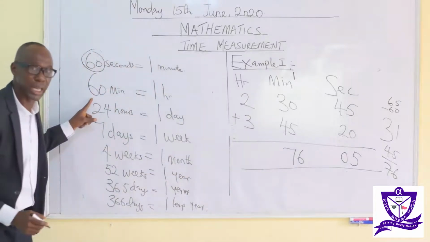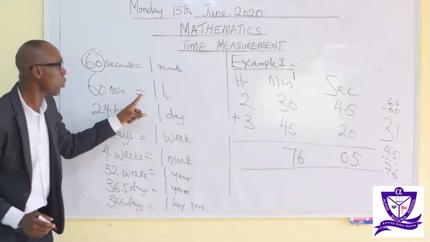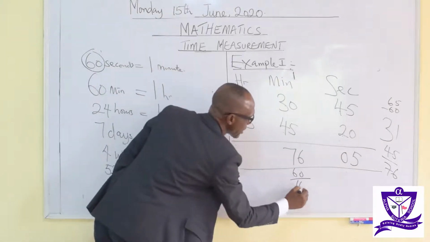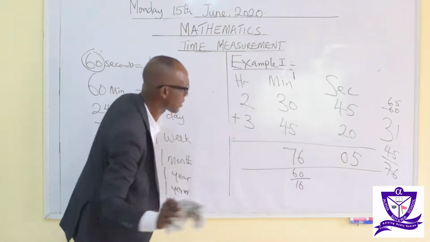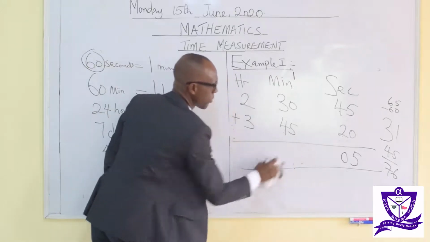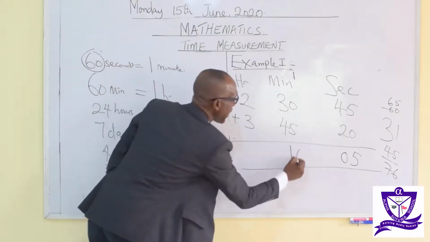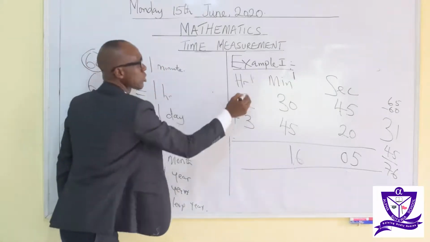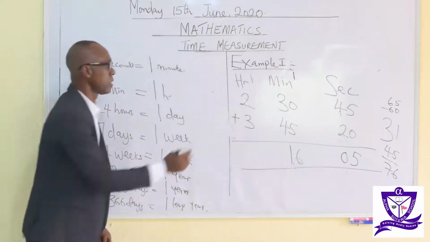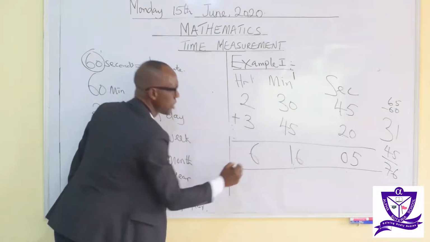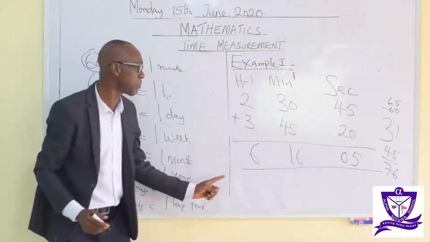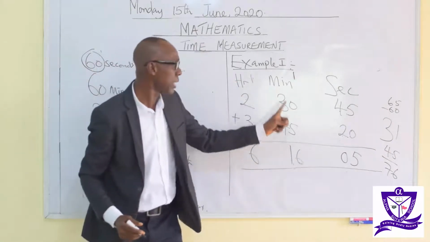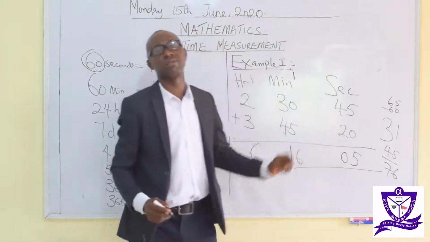Because I have the rule that says 60 minutes make 1 hour. So I'm taking away 60 from here, so it remains 16. So I'm going to write 16 here, and I've carried 1 hour here. So 1 plus 2 will give us 3. 3 plus 3 will give us 6. So my final answer becomes 6 hours, 16 minutes, and 5 seconds.